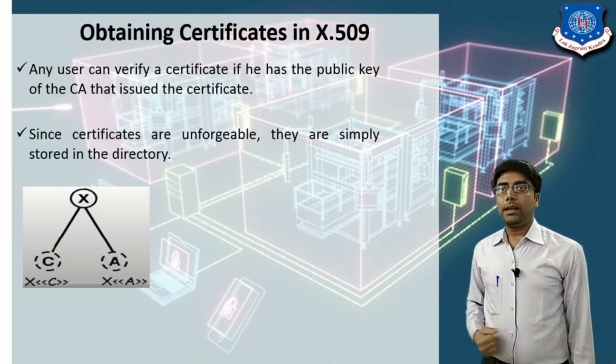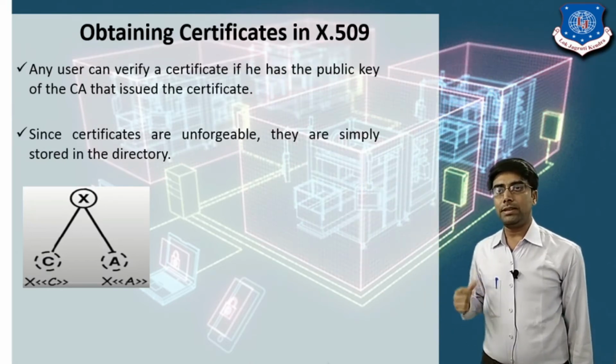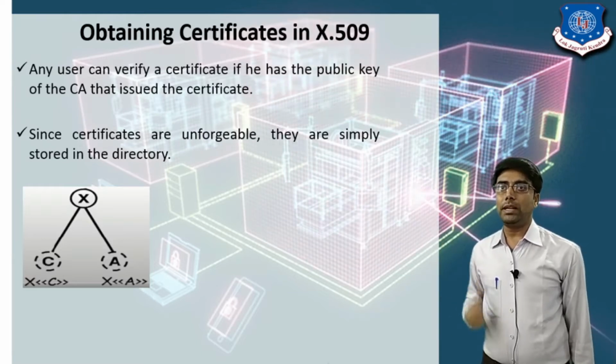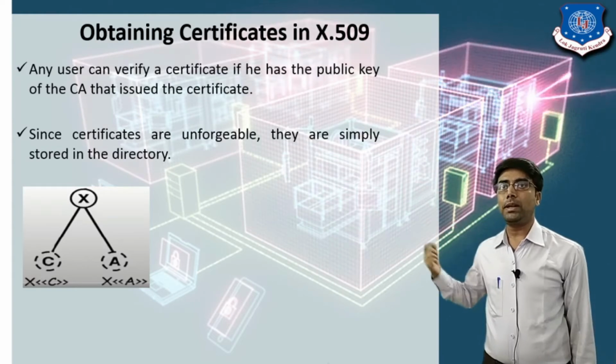Since the certificates are unforgeable, they are simply stored in a directory. It means all the certificates will be stored in one directory, and this directory will be handled by the certificate authority.